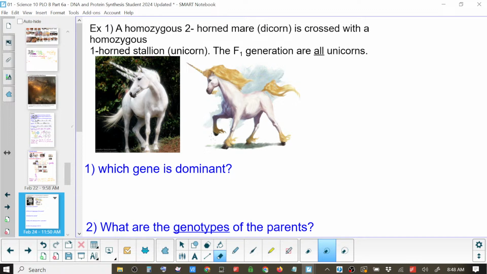Do this. A homozygous 2-horned mare, not a unicorn, the much rarer dicorn, is crossed with a homozygous 1-horned stallion, unicorn. The F1 generation are all unicorns.